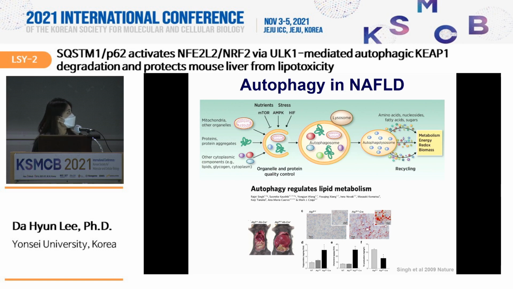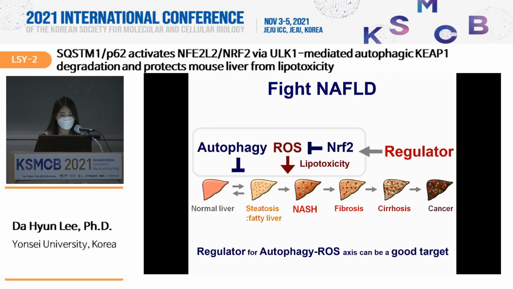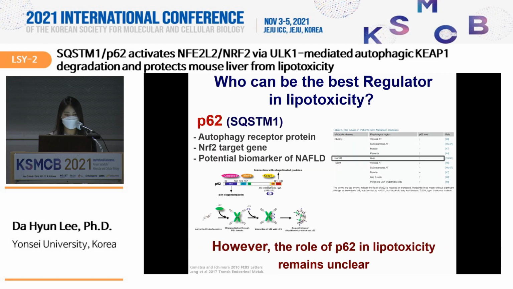This self-degradation pathway works by removing organelles, protein aggregates, or lipids under nutrient stress, maintaining essential cellular metabolism. Based on this overview, I hypothesized that a regulator of the autophagy-ROS axis can be a good target to fight NAFLD.